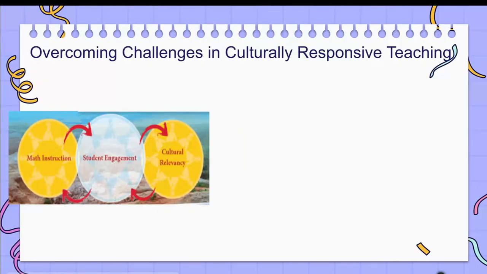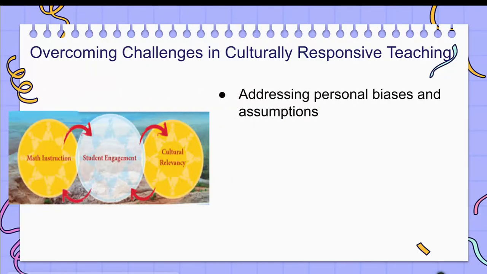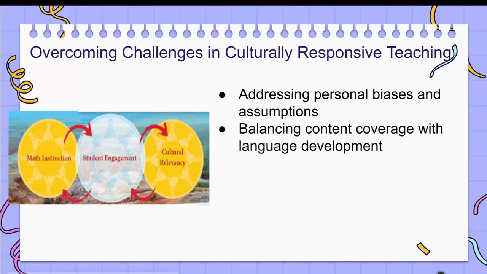Implementing culturally responsive teaching in Algebra 2 isn't without challenges. We need to address our personal biases and assumptions. We all have them, and recognizing them is the first step to overcoming them. Balancing content coverage with language development can be tricky. Remember, slowing down to ensure understanding often leads to faster progress in the long run.